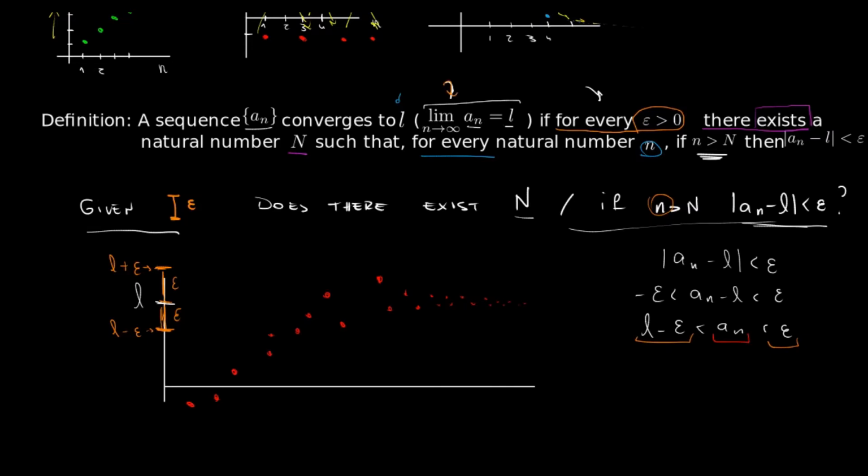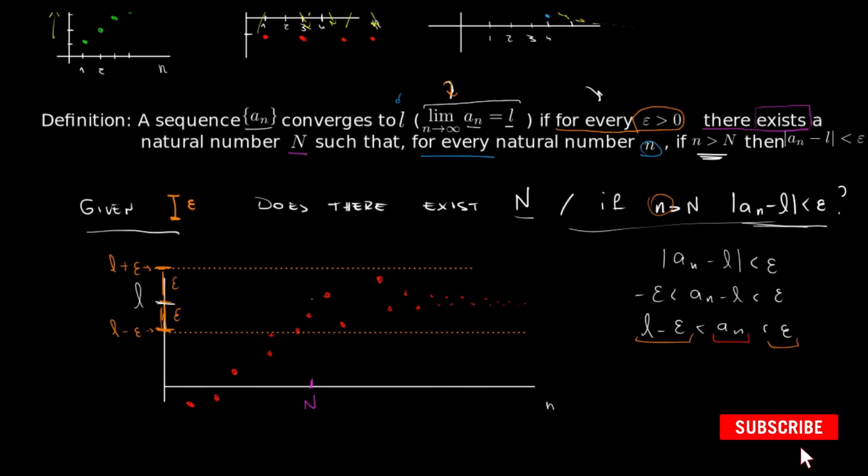To see this more clearly, I'm going to draw these two horizontal lines. And now notice this point right here. Let's call this number N. Well, we want to see if for every n, remember that the horizontal axis was the n axis and the vertical one was the a sub n.